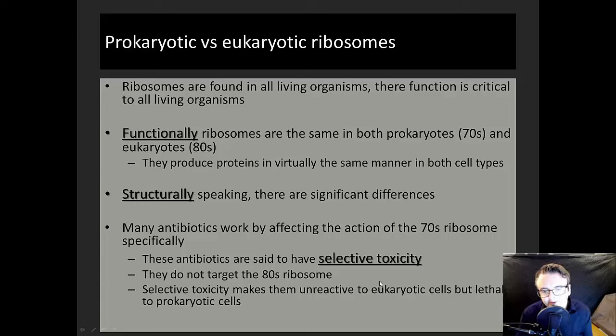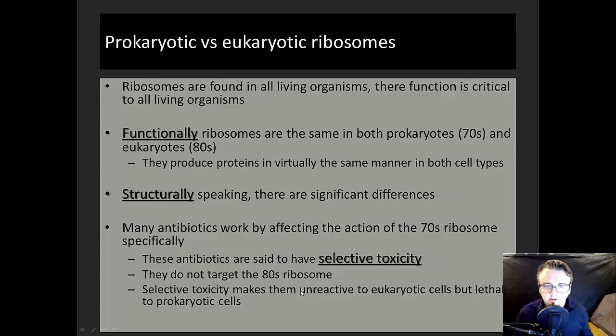That means a drug will target a feature that's unique to one cell and not found in another. So if we only want to kill bacteria that we have in our body during an infection, one way to do that is to target a feature that is unique to the bacteria and not found in our cells as eukaryotic organisms.